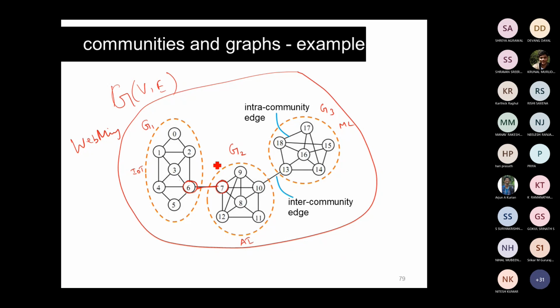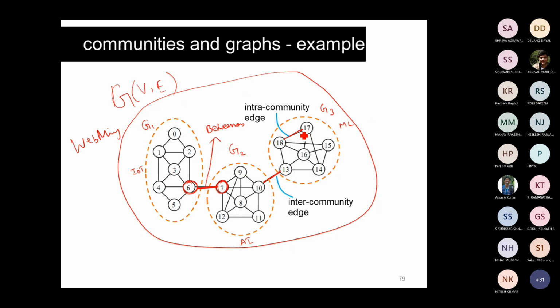That means for subgraphs G1 and G2, this particular edge is going to be identified as the connecting edge. That means this node will have the highest betweenness centrality. Do you understand? Betweenness centrality will be highest for these vertices 6 and 7.